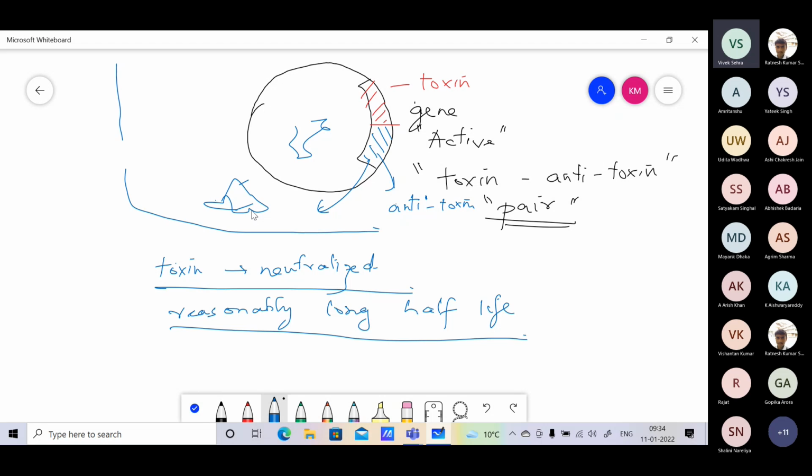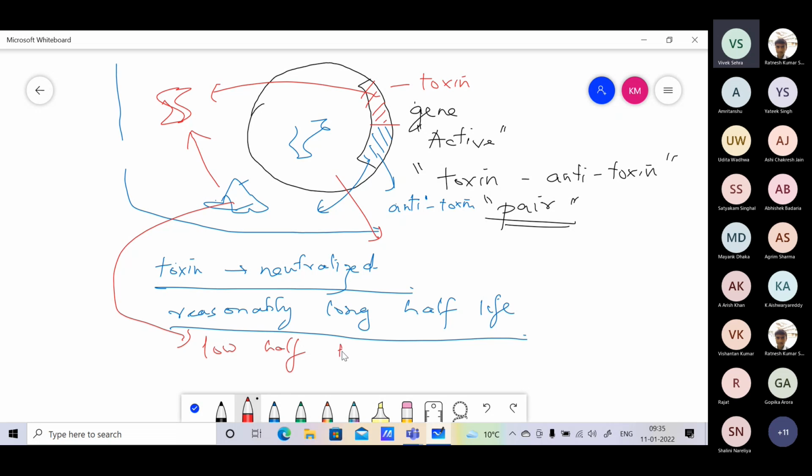Now, this production of the toxin inside the cell is being neutralized by this antitoxin. Now, suppose the plasmid is lost. The antitoxin has a very low half-life.